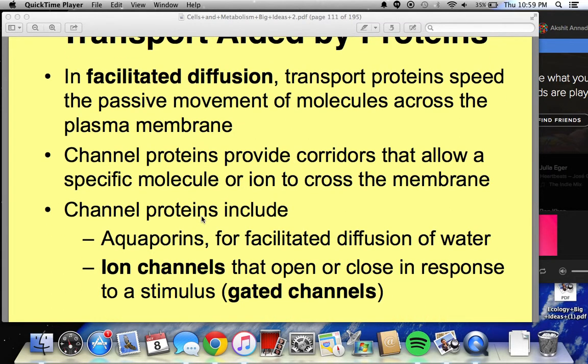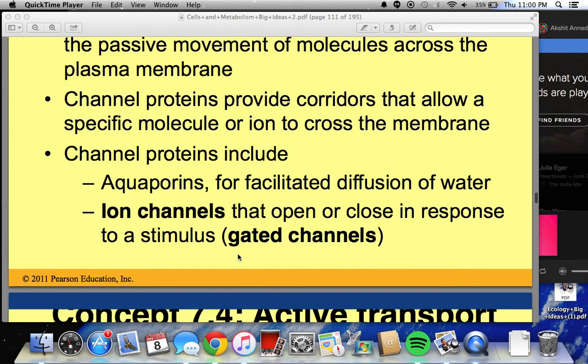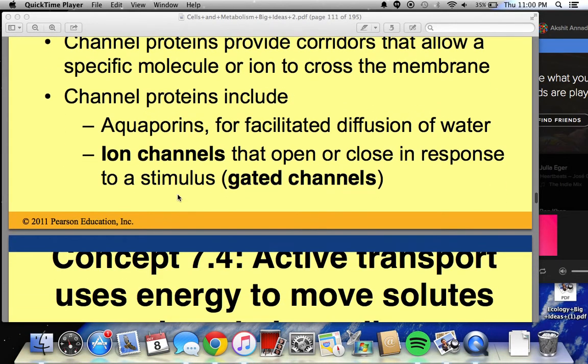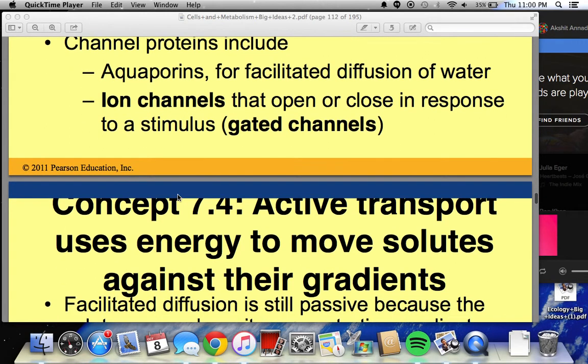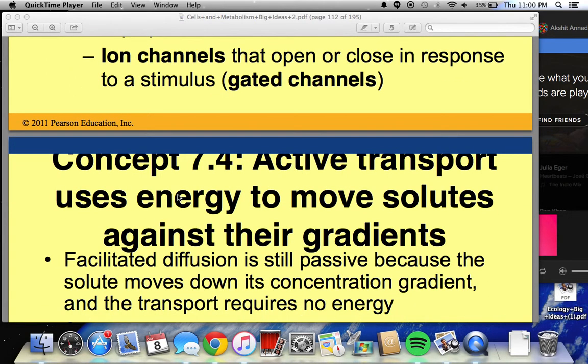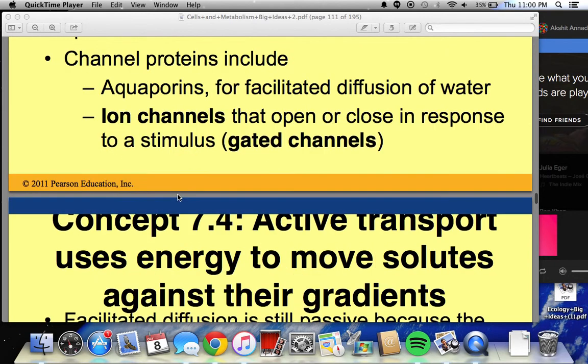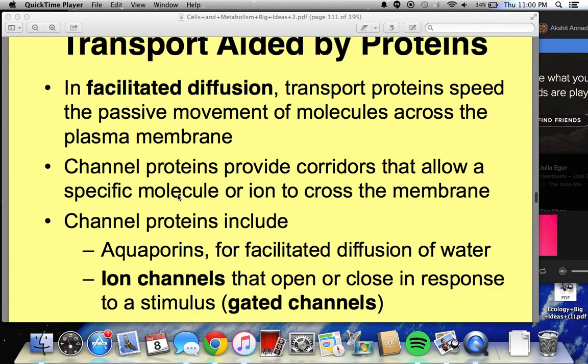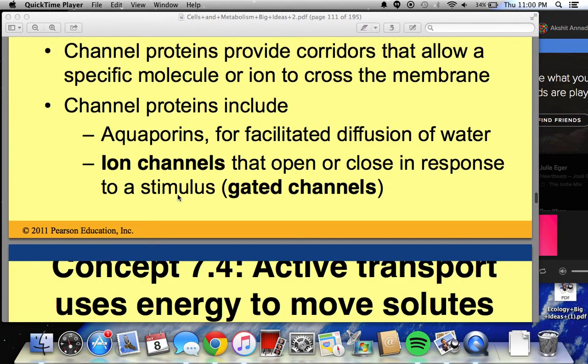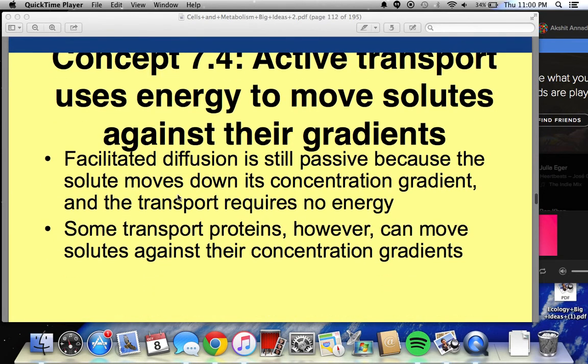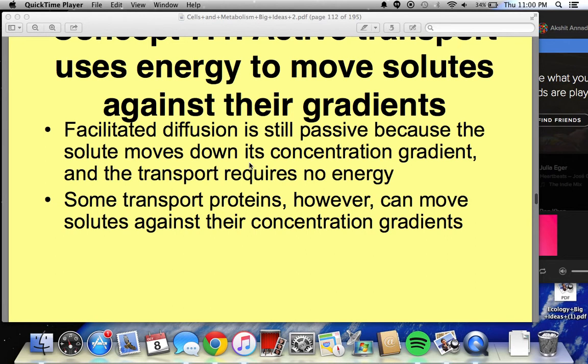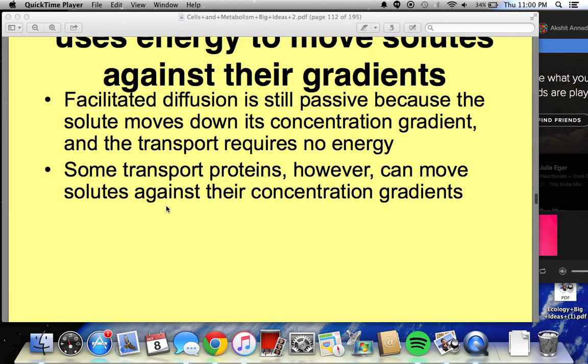For example, aquaporins, the channel proteins for water, are a facilitated diffusion of water. And ion channels that open or close in response to a stimulus are also facilitated diffusion, and this doesn't use energy because it's still going from high to low concentration. Like I said, it's still passive because it doesn't use any energy.